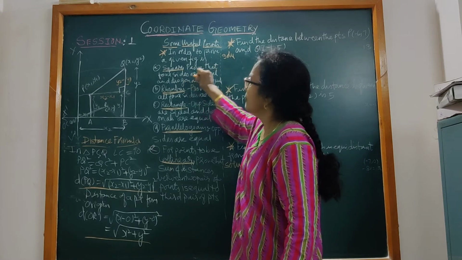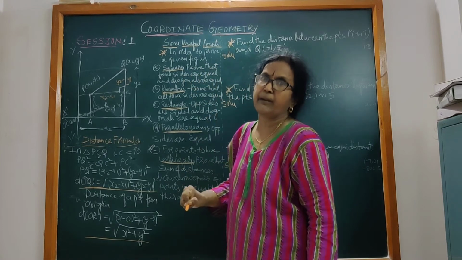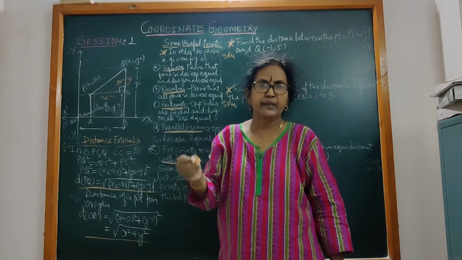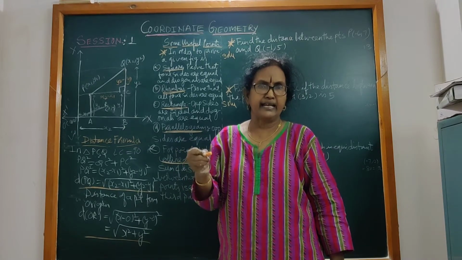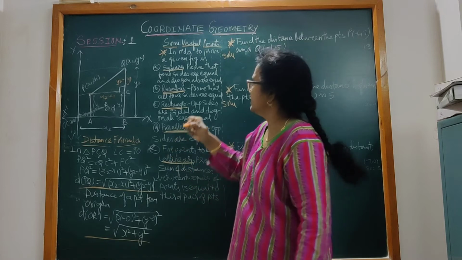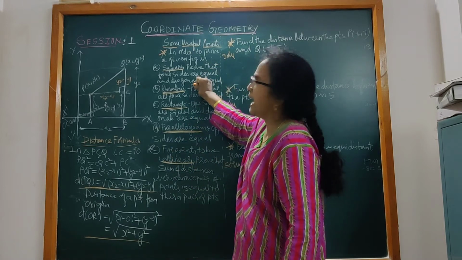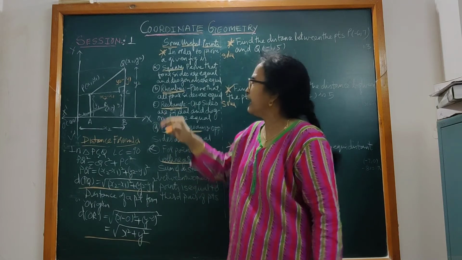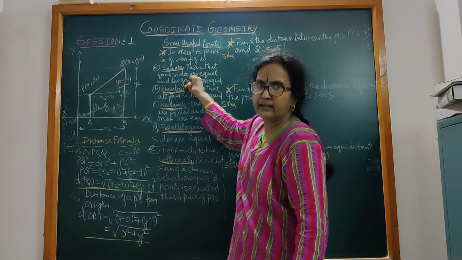You have to prove all four sides are equal by the distance formula. You have to apply the distance formula to AB, BC, CD and AD. If all the distances come the same and the diagonals AC and BD also come the same, then you can say that it is a square.